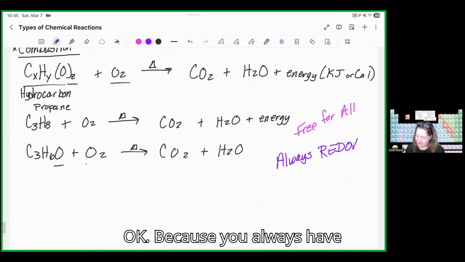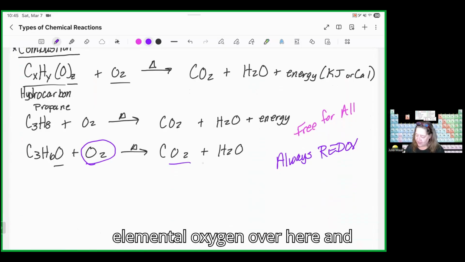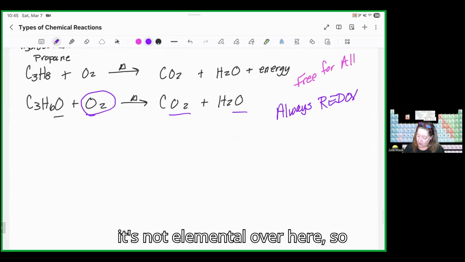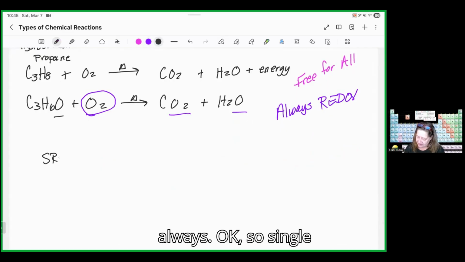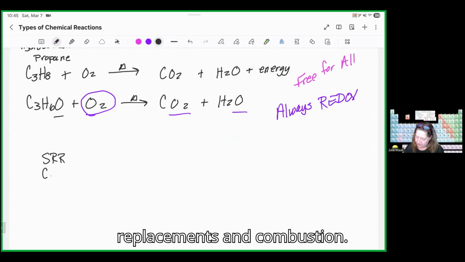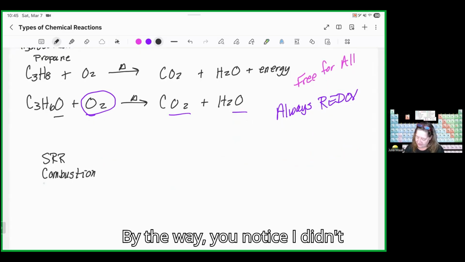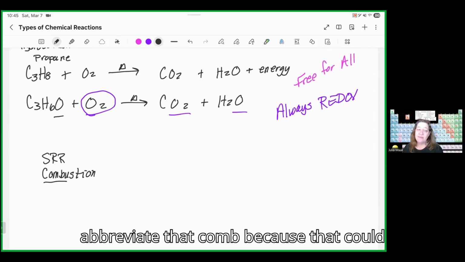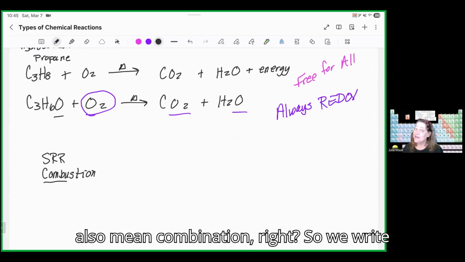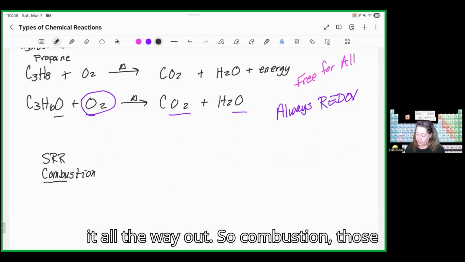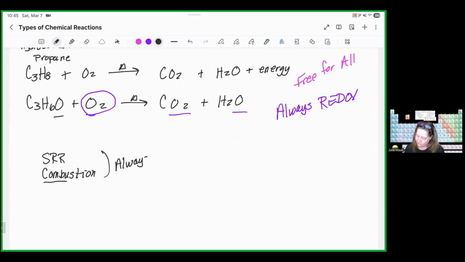Because you always have elemental oxygen over here and it's not elemental over here. So single replacements and combustion are always redox. By the way, you notice I didn't abbreviate that as COMB, because that could also mean combination, so we write it all the way out. Combustion, always redox.